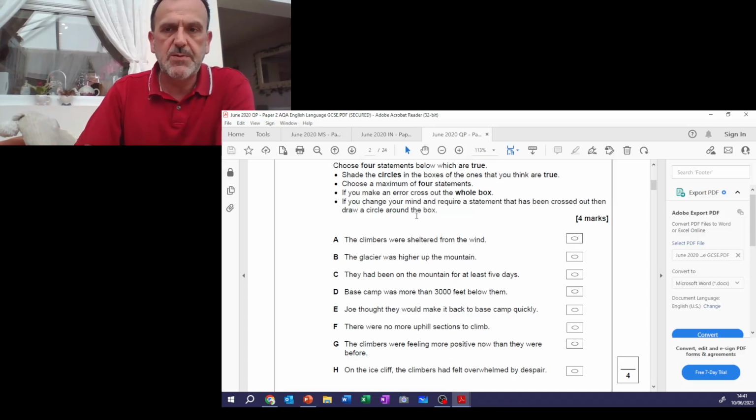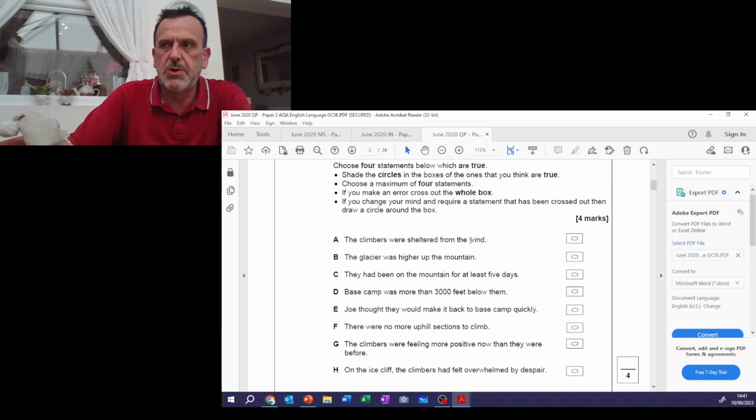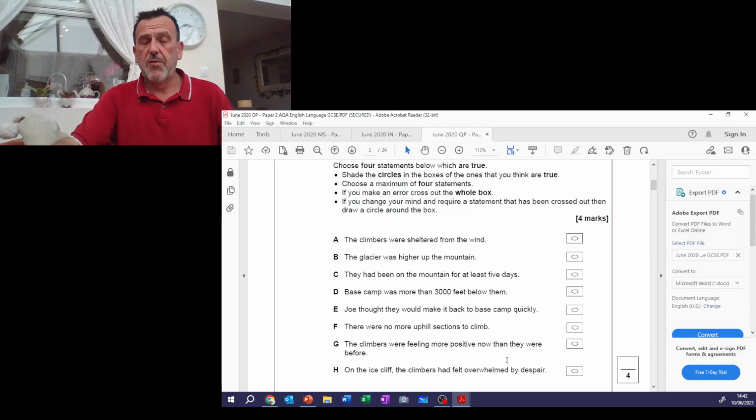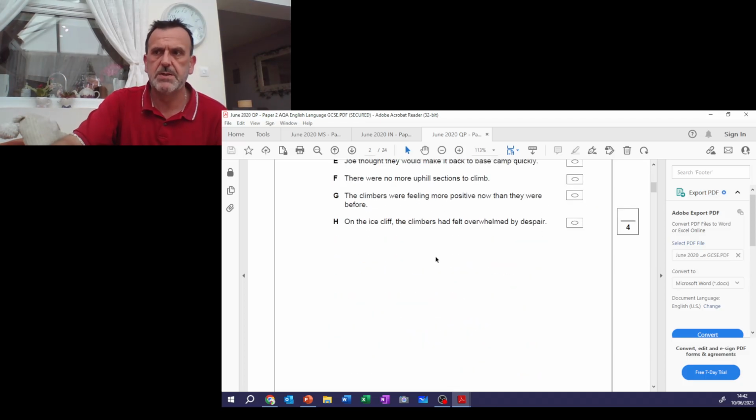And if you just read these before you even read the insert: the climbers were sheltered from the wind, the glacier was higher up the mountain, they'd been on the mountain at least 5 days, base camp was more than 3,000 feet, climbers were feeling more positive, they were overwhelmed by despair. Even before you've read the insert, well, these are climbers having a bad time, so that's what it tells you.